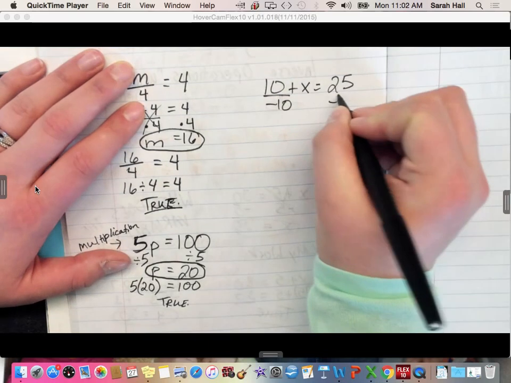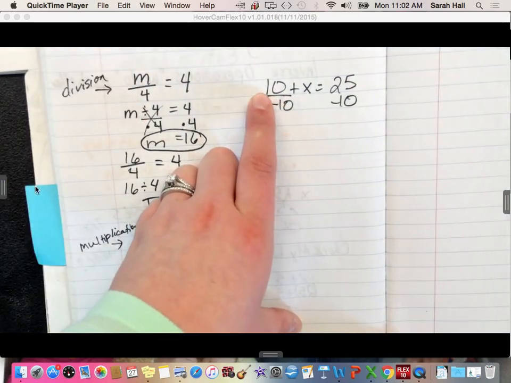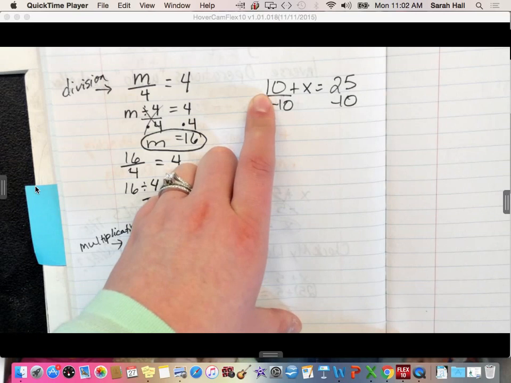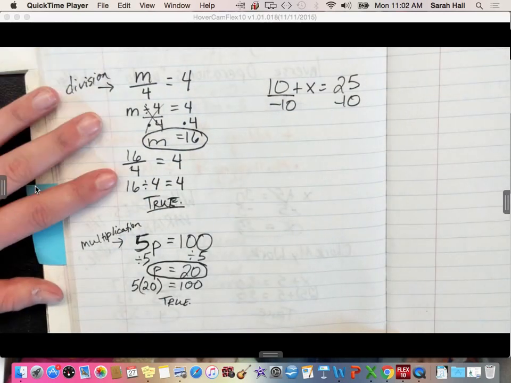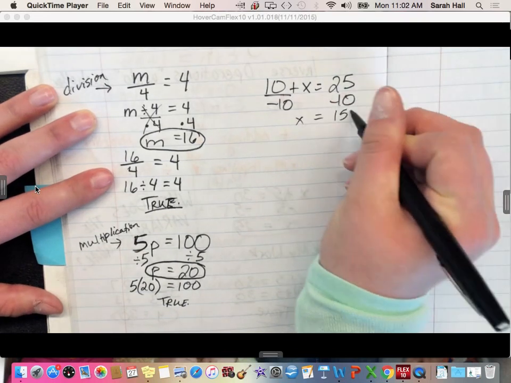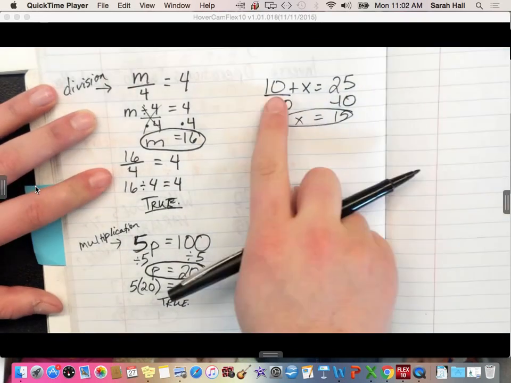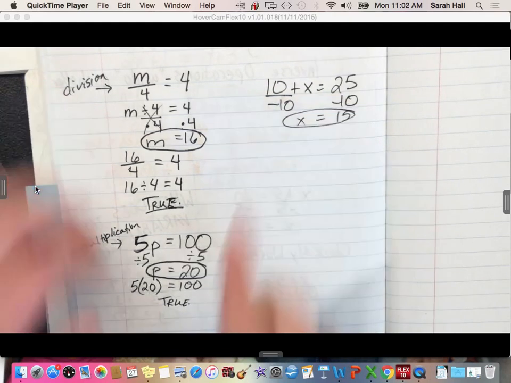And then over here, subtract 10. And the reason that works is because this is a positive 10. We know that because it does not have a negative sign. So if it's a positive 10, they're adding 10. If I take away 10, I'm left with 15. X equals 15, and I could then check my work and say, does x plus 15 equal 25? Yes.